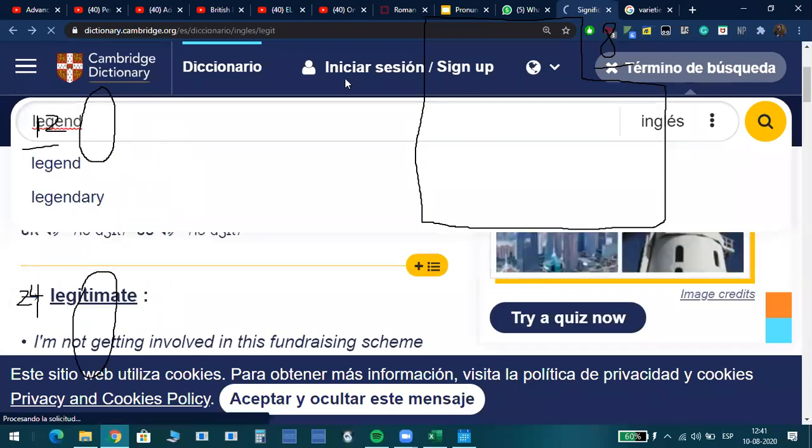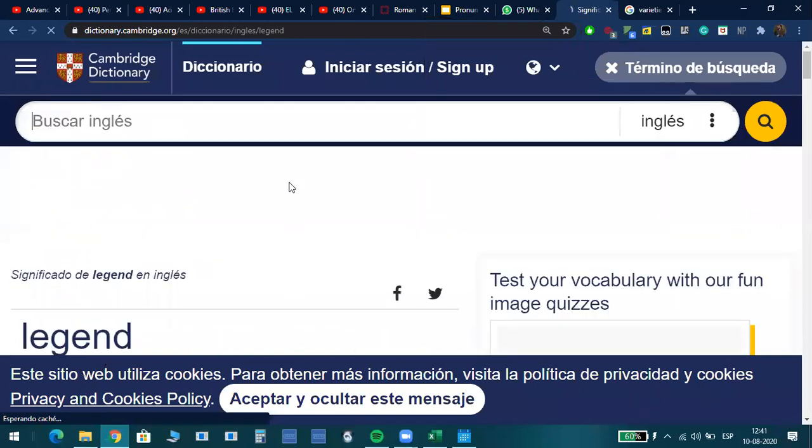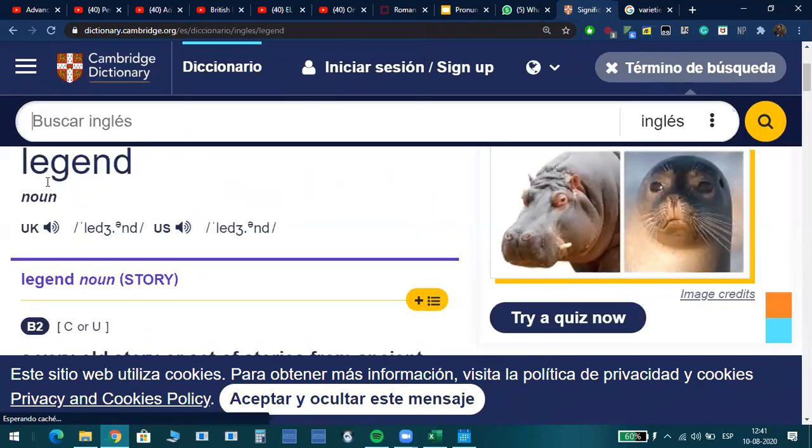What you usually have is the word, then the part of speech. This is a noun, substantivo. We have the British pronunciation, we have an American English pronunciation, and then we have these things. These things are the symbols that we're just watching, okay? All of these symbols help us know how to pronounce the word.